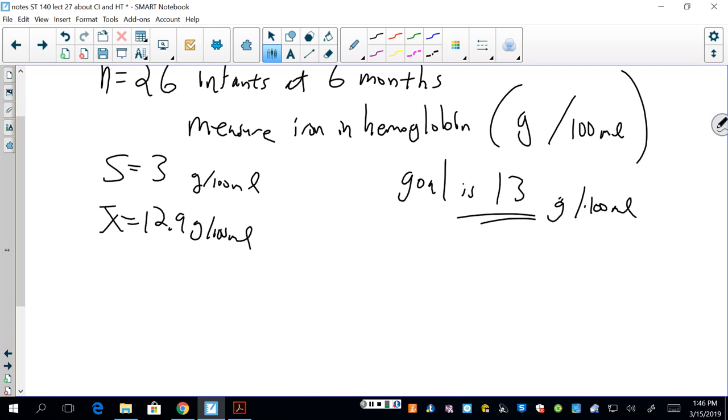And so maybe they can get that 13 grams of iron per 100 milliliters with babies that are supplemented, that take formula, that they can be enriched to produce that. Are these 26 infants evidence that infants that are breastfed at 6 months are iron deficient?